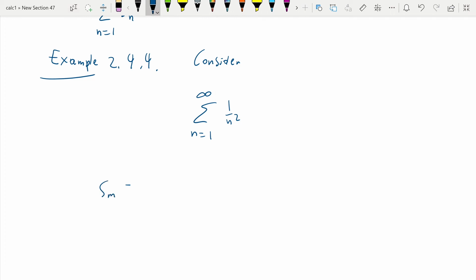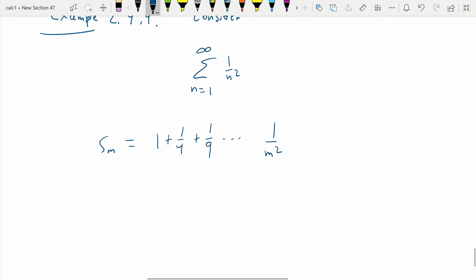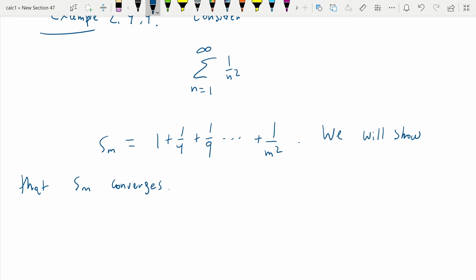So S_m is equal to 1 plus 1 over 4 plus 1 over 9 up to 1 over m squared. We will show that it converges. How do we do that?